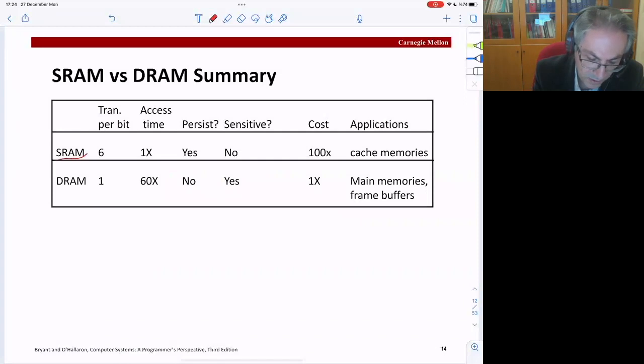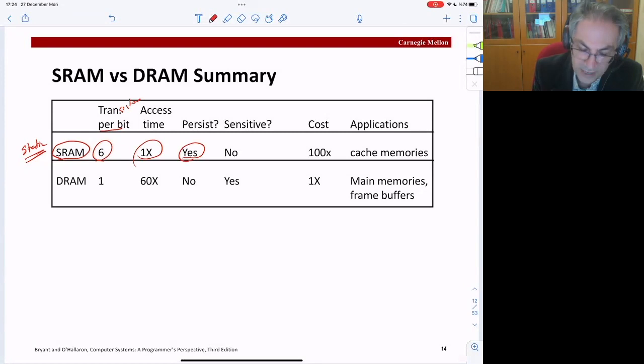Now, to summarize, this is just to get an idea of how it works. For example, static RAM is what we have in our registers. It has 6 transistors, access time is 1 times x, and it's persistent, meaning it will retain its value as long as its power is on. It's not sensitive, but the cost is 100 times that of a DRAM.